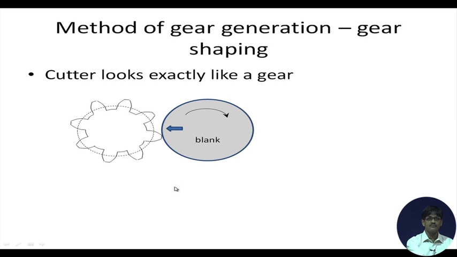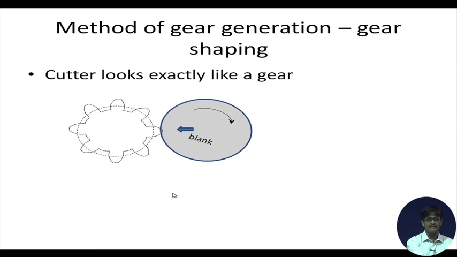So, let us see how the movement proceeds in gear shaping. First of all, the cutter. So, this is the cutter. The cutter and the gear blank are made to touch almost tip to tip, and after that the cutter rotates, the blank rotates, and the blank gradually moves forward towards the cutter. Let us see.